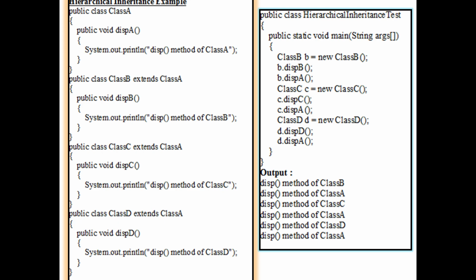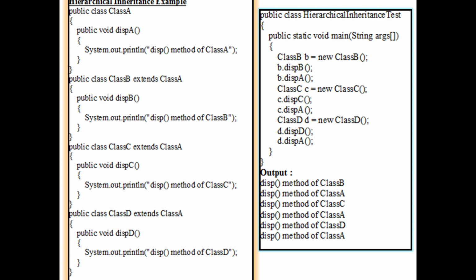Here the classes are class A, class B, class C, and class D. All the classes consist of one public method. displayA is the method of class A. It will print this method of A. Class B extends class A. So class B's method is displayB.